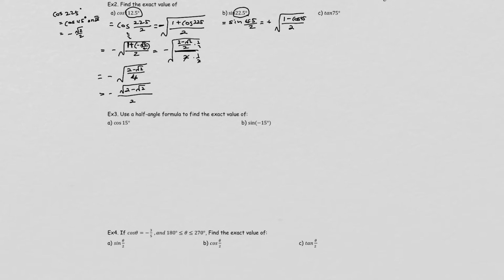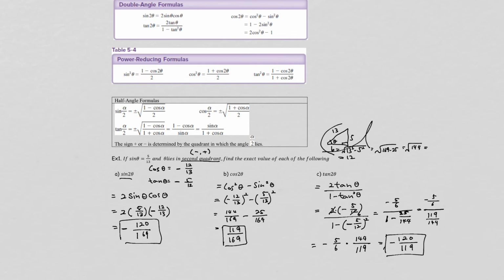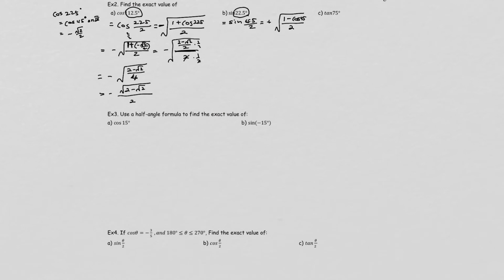If we want to go back to the formula with the half angle, don't forget that's the half angle formula. So when we replace that value, we don't need to copy down the positive sign. It will be just square root of 1 minus cosine 45 degrees, which is square root of 2 over 2, over 2.